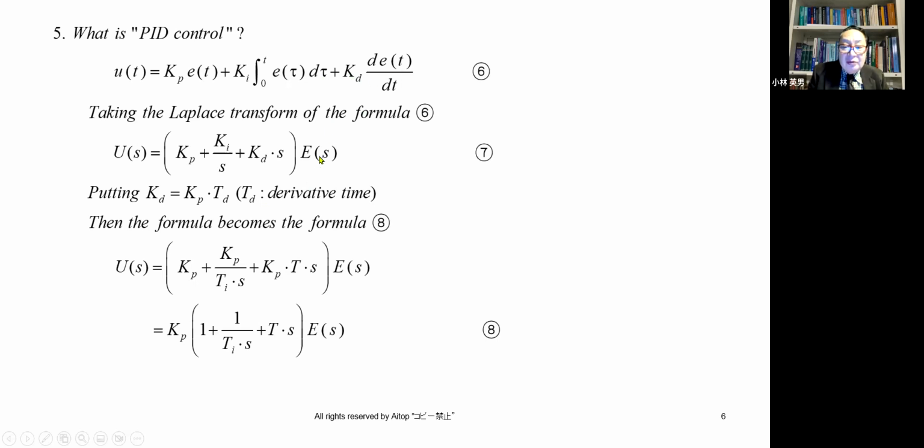Then we can get formula 7 like this. And this equation using Td is Laplace transformed. Then we can get formula 8, okay. So differentiation becomes S by Laplace transformation.